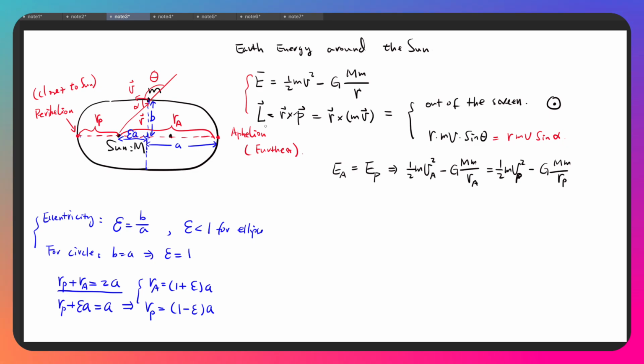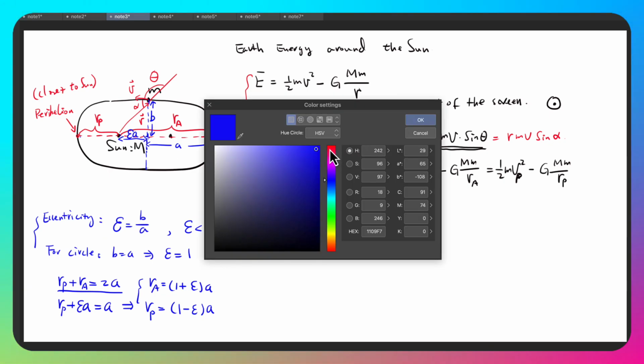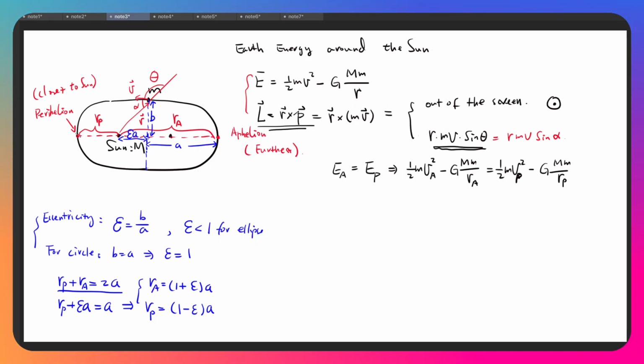Now the second equation is about the angular momentum conservation. If I look at these two points, perihelion and aphelion, let's draw the velocity. VP is perpendicular to RP, and VA is perpendicular to RA.